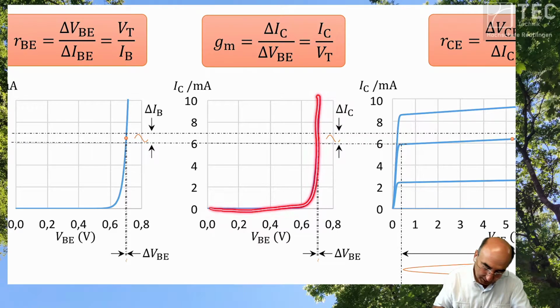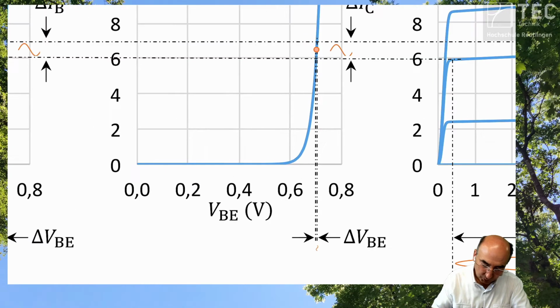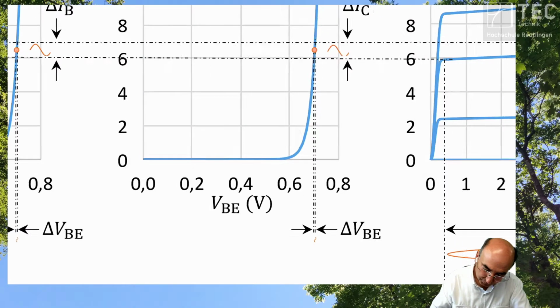And in the bias point, a small deviation in the input voltage causes a larger deviation of the output voltage along this slope, which is the transconductance.